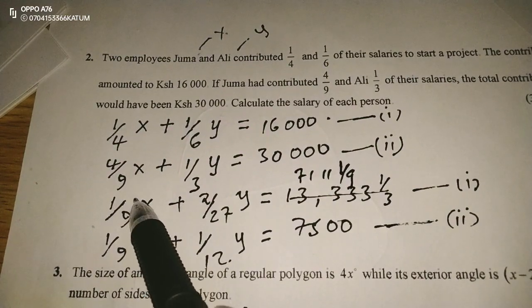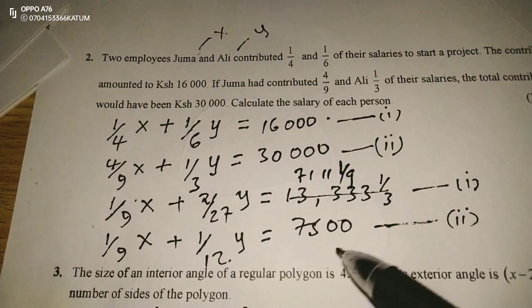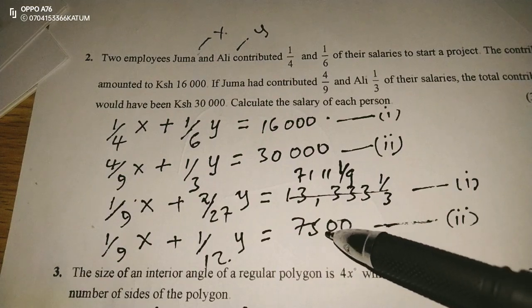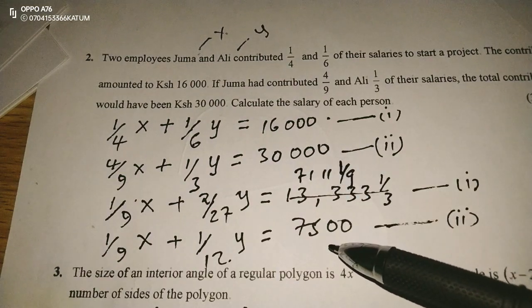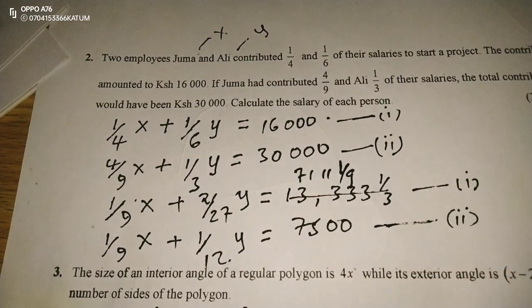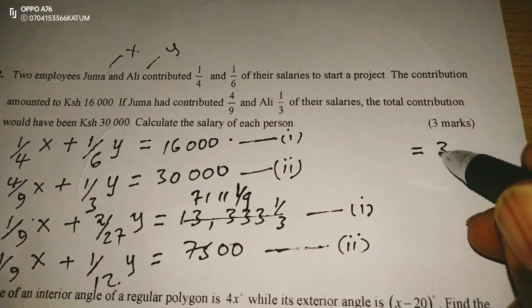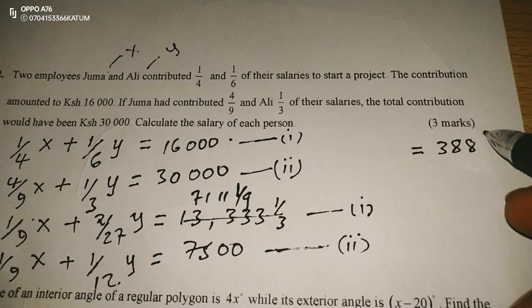When a ninth X is subtracted from a ninth X, X is eliminated. To remain with Y, I can subtract upwards, whereby I will need 7500 minus 7111 and a ninth. On the constant side, this gives me 388 and 8 out of 9.